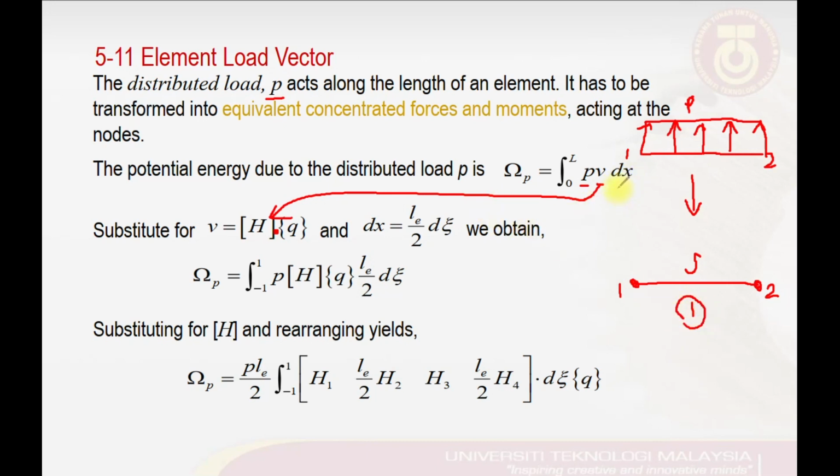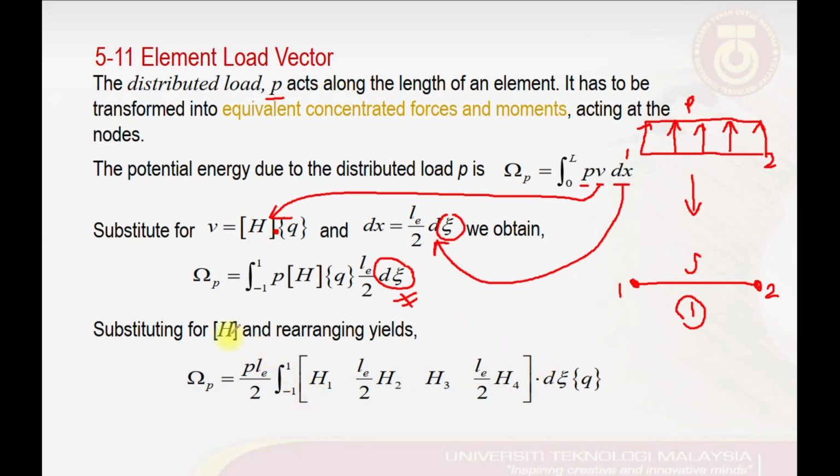As always, it is not convenient to work in the Cartesian coordinate system, so we have to find a way to convert it into the natural coordinate system. Substituting V, which is H multiplied by Q, and dx into this potential energy equation gives us these equations, which are now written in the natural coordinate system.